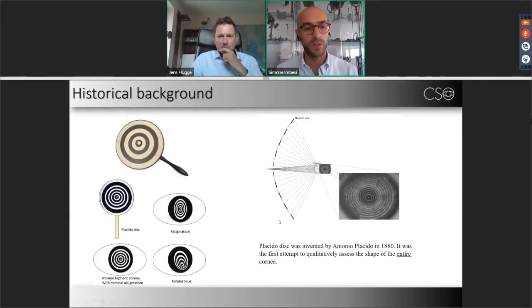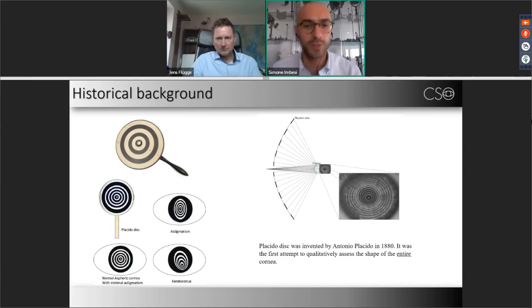The second device that was developed more or less in the same years was the Placido disc. The Placido disc, as you can see from the picture, is just a disc with white and black rings with a hole in the center, with a convex lens to observe the image of it reflected by the cornea.